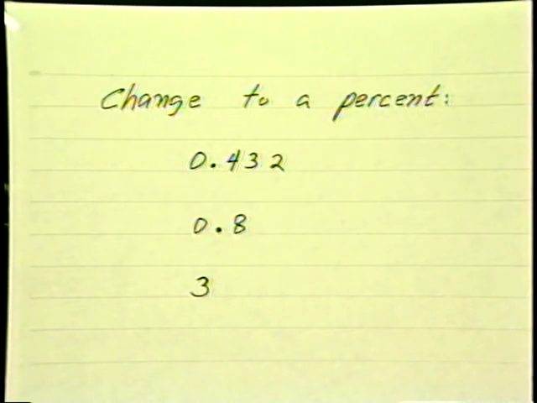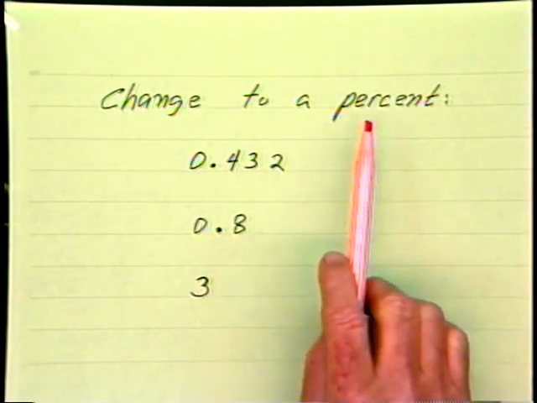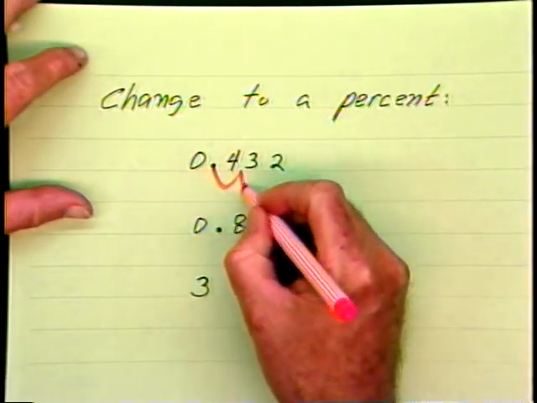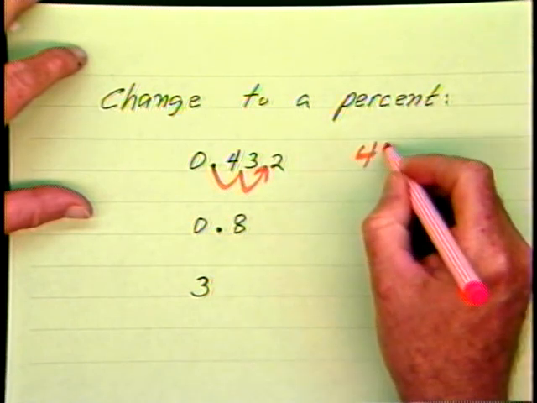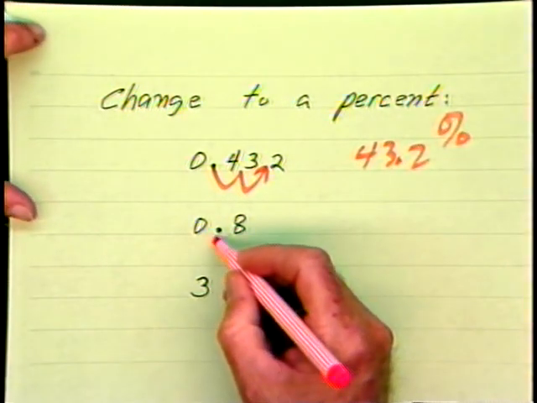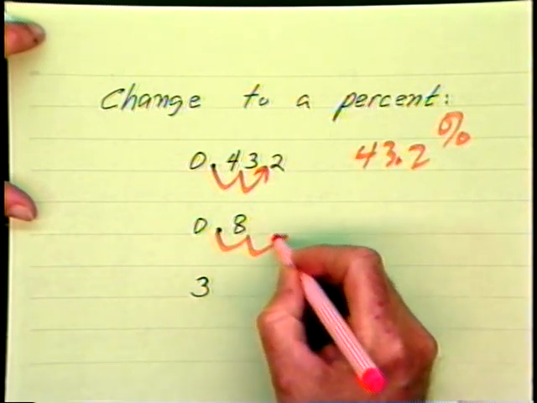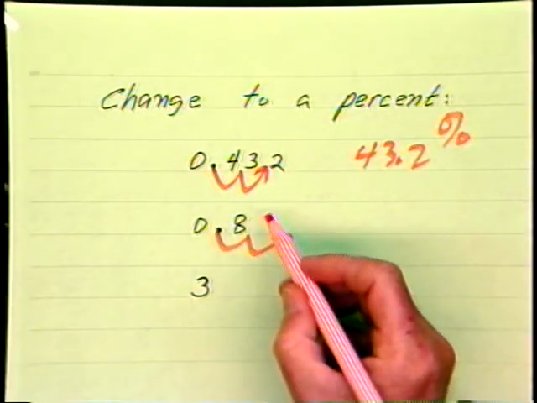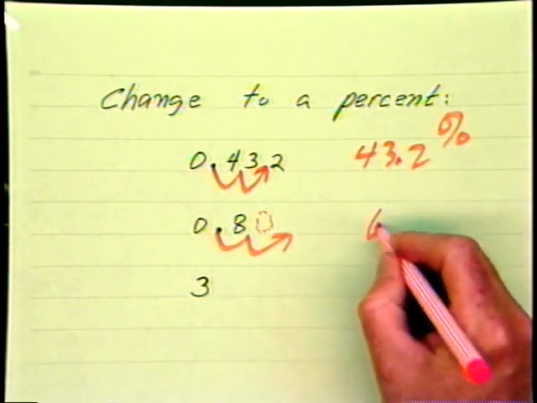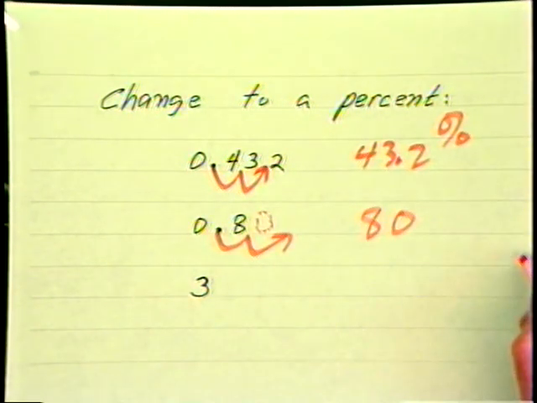But while reviewing proportions, don't forget our basic lesson. To change to a percent, you move the decimal point 2 places towards the percent and stick the percent sign on. Move the decimal point 2 places towards the percent, and if you create extra places by doing it, you insert the placeholder zeros and stick the percent sign on.